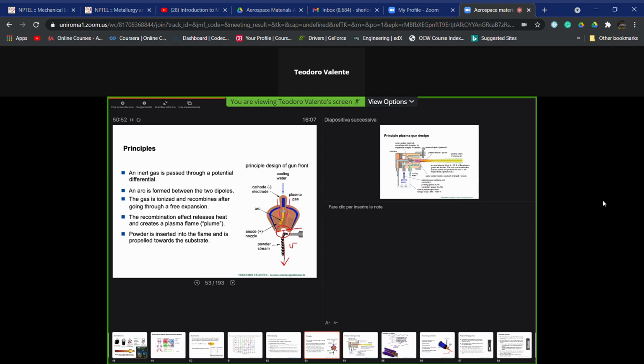The powders will experience the thermal exchange, the kinetic exchange, all the phenomena which are necessary. And you see here there is one important thing: cooling water. Why cooling water?